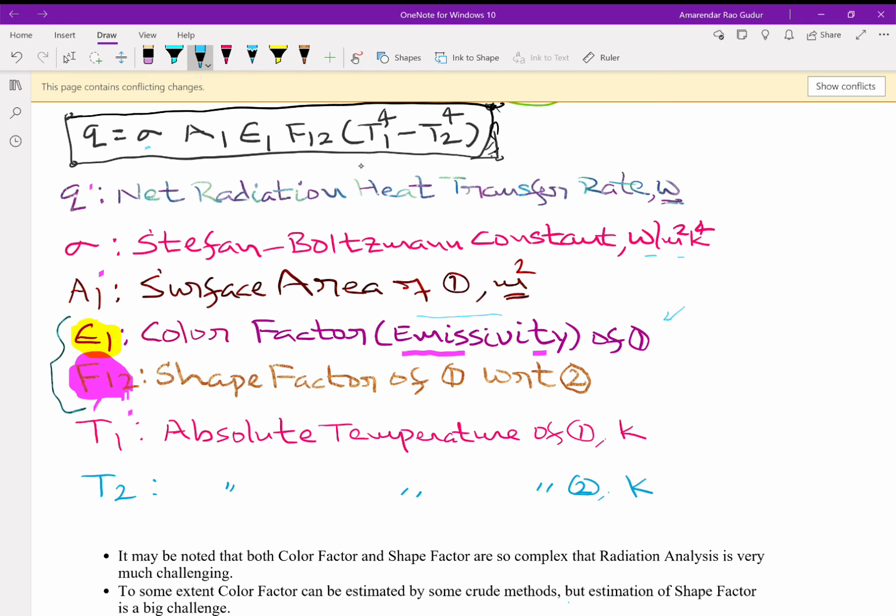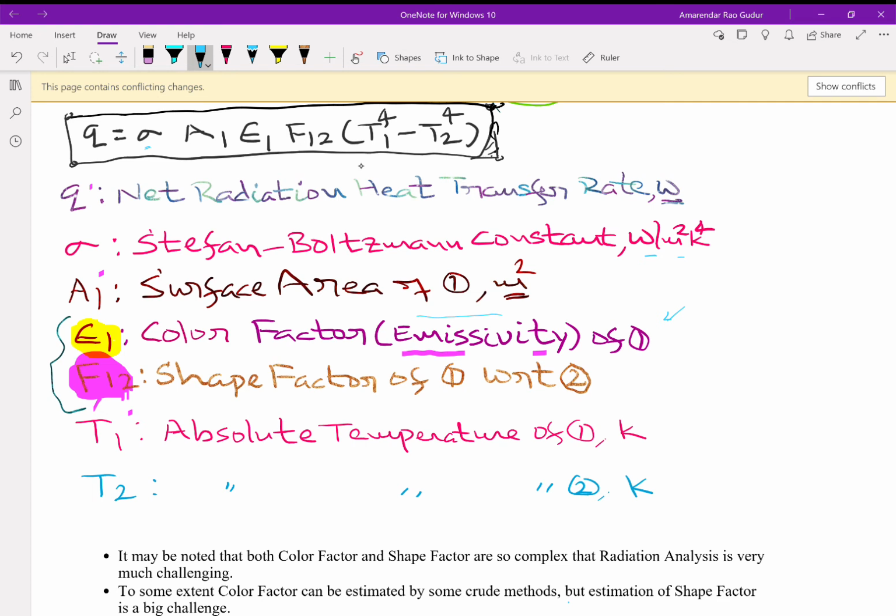In addition, color factor accounts for how much fraction of the energy the given surface can emit compared to the black body. So over here, epsilon 1 represents the quantification of the color. That's going to be a very big challenge, because color is something abstract, which we observe. But as far as radiation is concerned, we need to quantify the color.